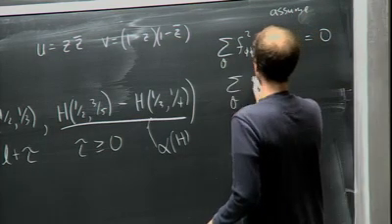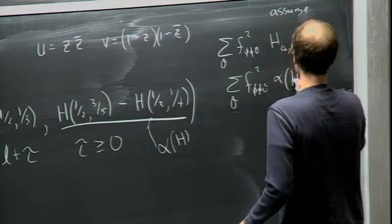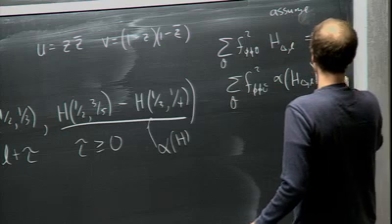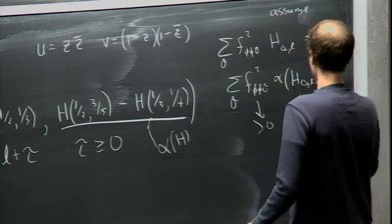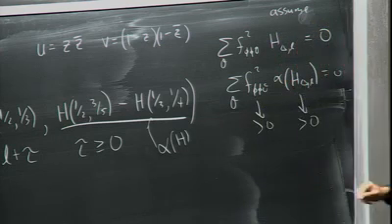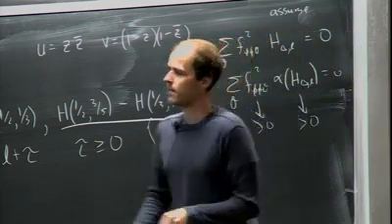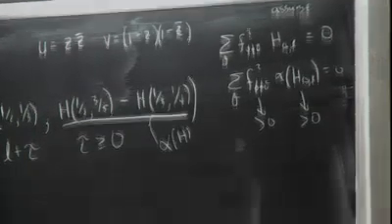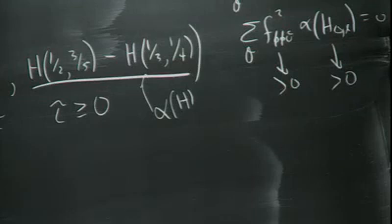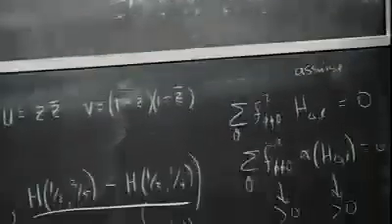We get sum over O of f phi O squared alpha of h delta L equals 0. But this is greater than 0, and this is greater than 0. So you're screwed. Okay, so all we need is one functional. It's an infinite dimensional space, but by looking at the dual space, we can prove things about it without an infinite amount of work.